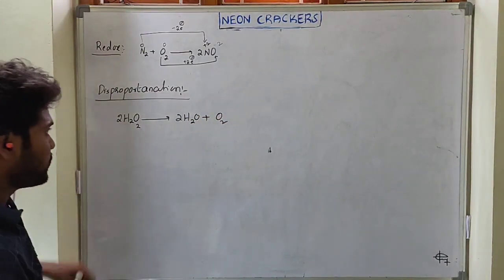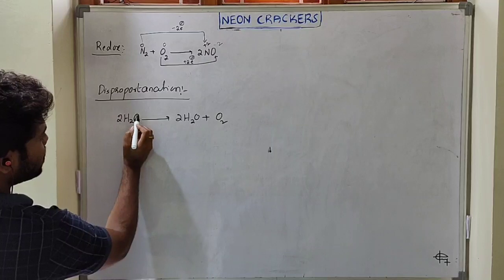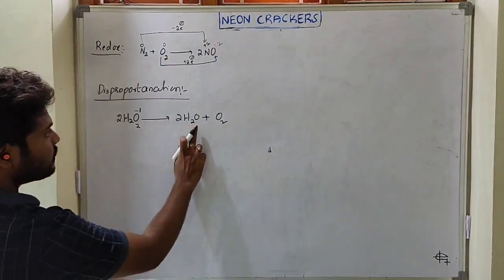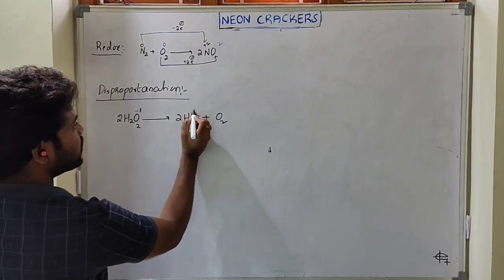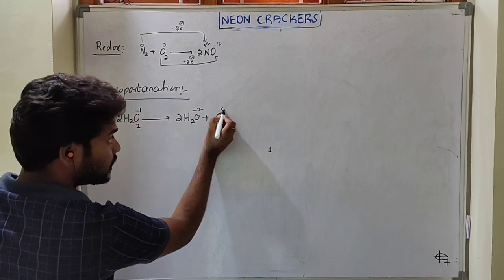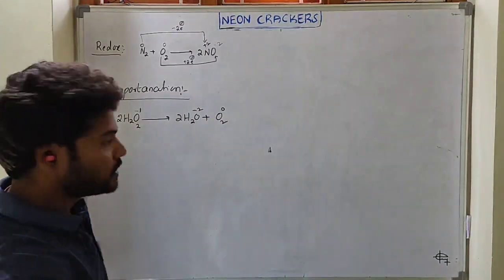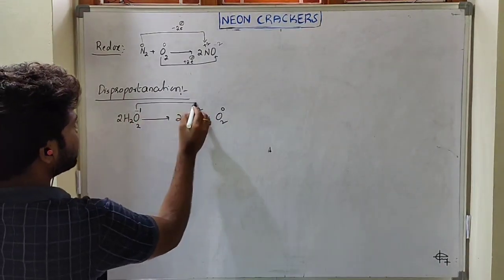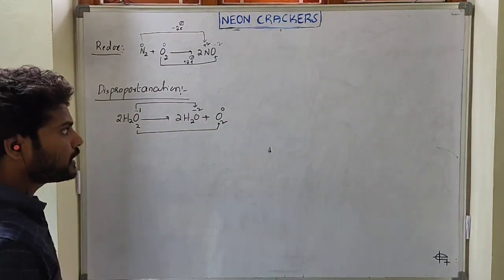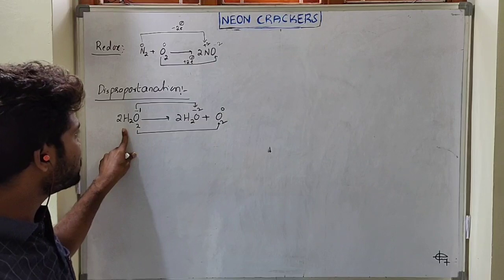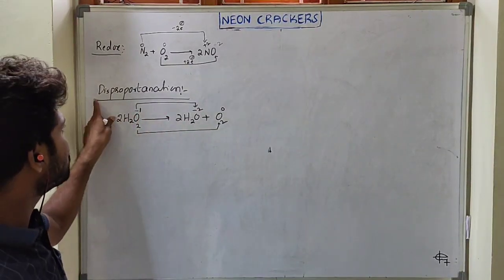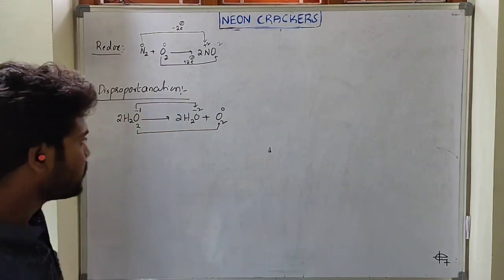What is the oxidation state of oxygen here? -1, only a single oxygen atom. Here, what is the oxidation state of oxygen? -2. Here, for the oxygen atom only, not the molecule? 0. So -1 to -2 is adding electrons, -1 to 0 is removal of electrons. Only one substance undergoes oxidation as well as reduction. Then the reaction is said to be a disproportionation reaction.